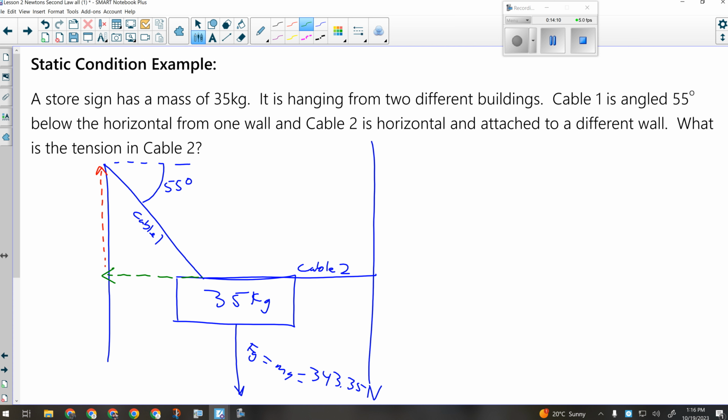That's the reason I have cable 2. Without cable 2, as Addie said, that sign would swing into the other wall. I need that cable there to act against the horizontal component of A. The vertical component of A is the part that's offsetting what? Gravity, because it's the only vertical force upwards that I have in the whole question. So that tells me that I know this one.